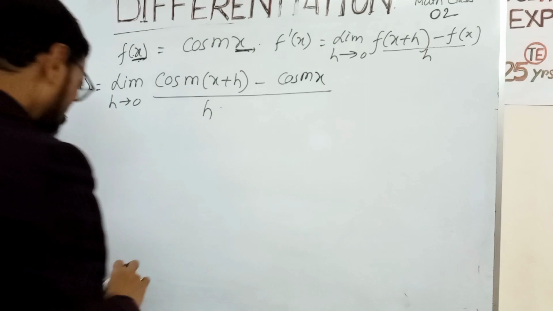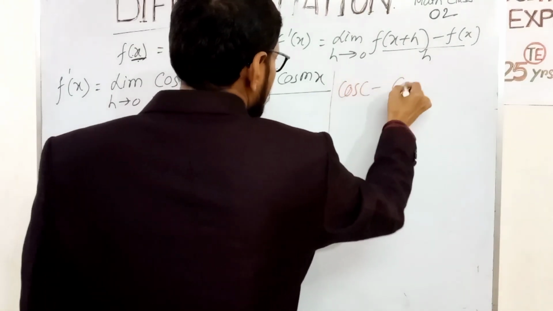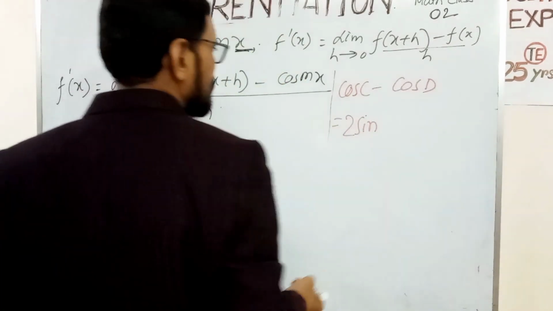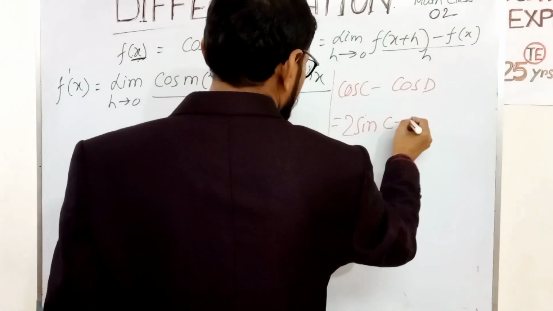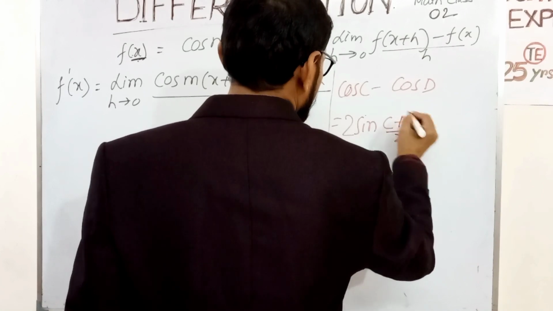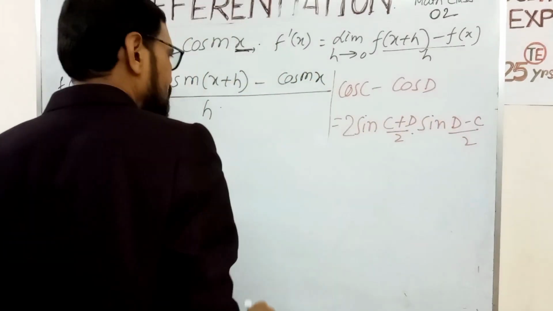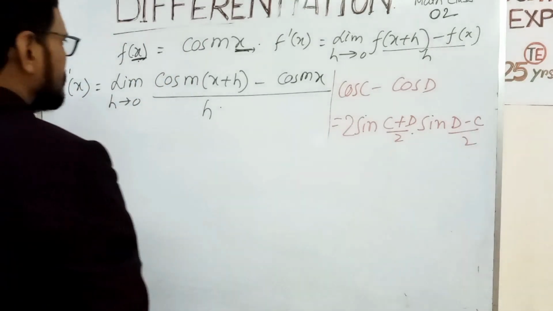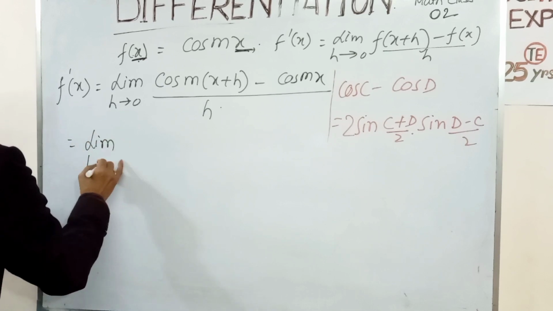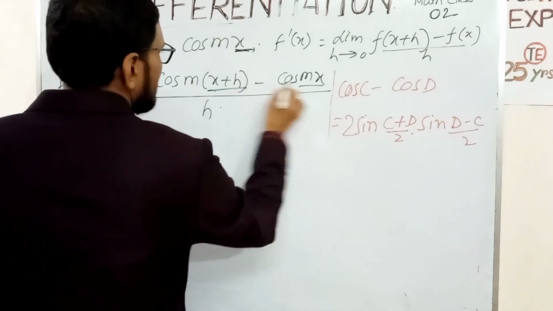Now this formula is cos c minus cos d. The formula of cos c minus cos d is 2 sin of (c plus d) by 2 into sin of (d minus c) by 2. So using this formula, this is c and this is d.